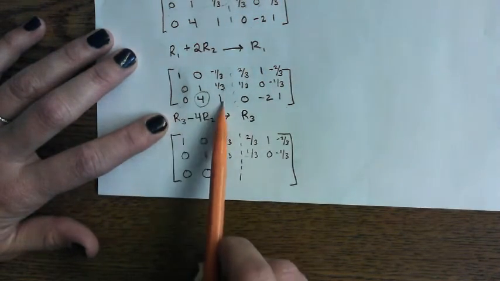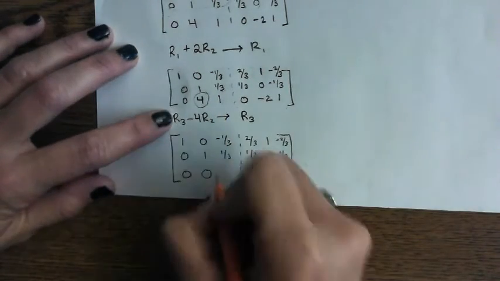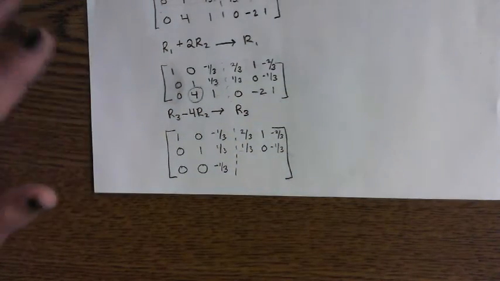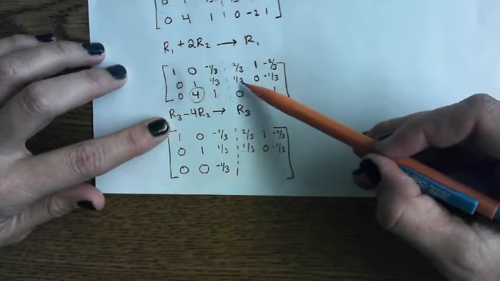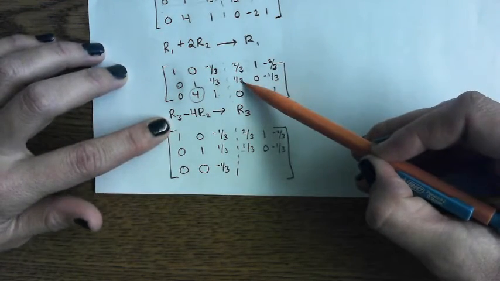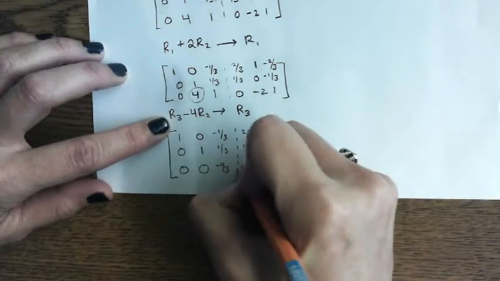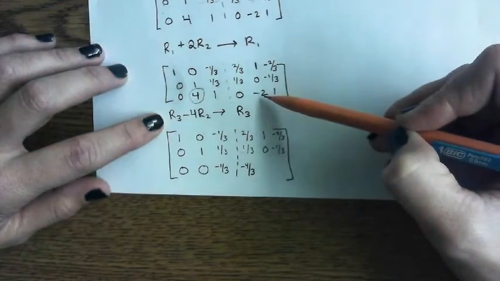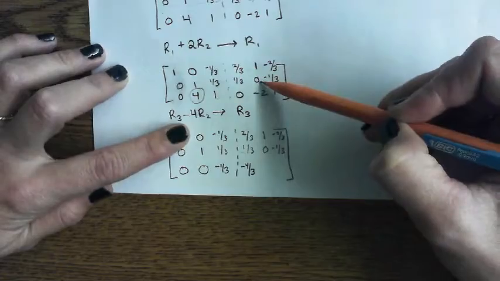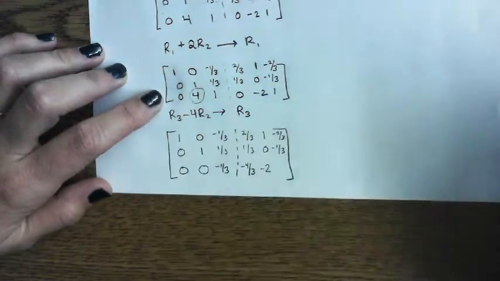So what is 1 minus 4/3? Negative 1/3. That's 3/3 minus 4/3. Good. Keep moving over. 0 minus 4 times a third is 0 minus 4/3, which is negative 4/3. Negative 2 minus 4 times 0 is still negative 2.